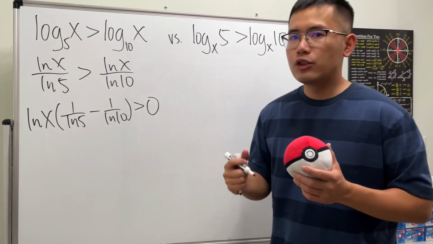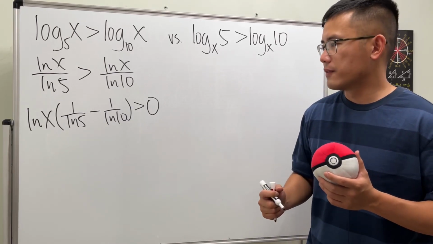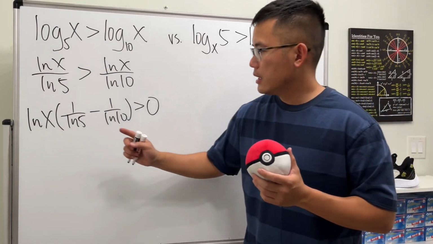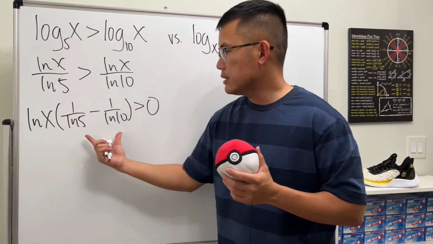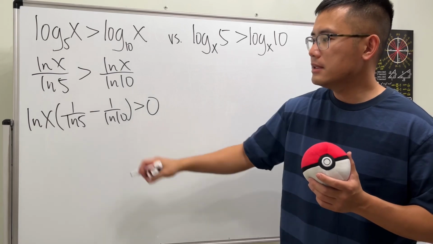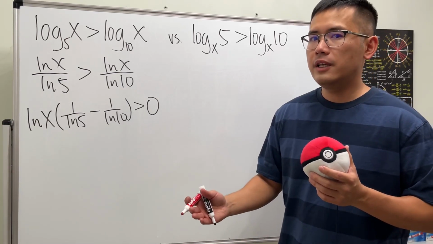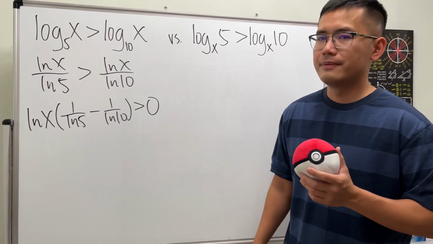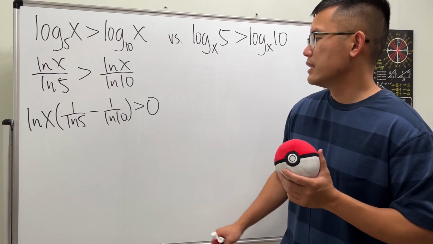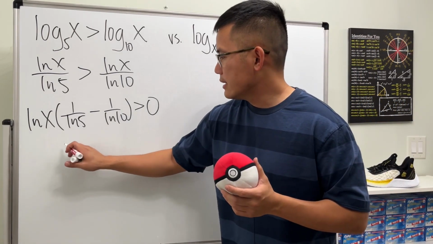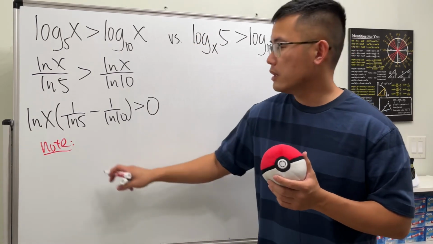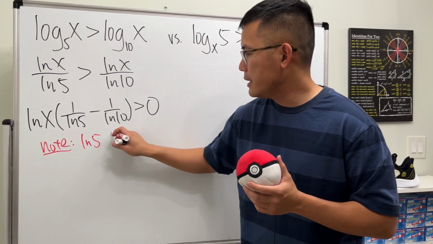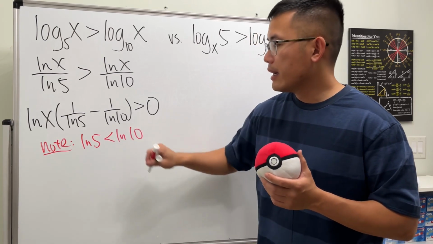Now we just have to be super careful. This is the variable part, and this is actually a number. What kind of number is this? Is it positive or negative? Because log is an increasing function, ln 5 will be less than ln 10.